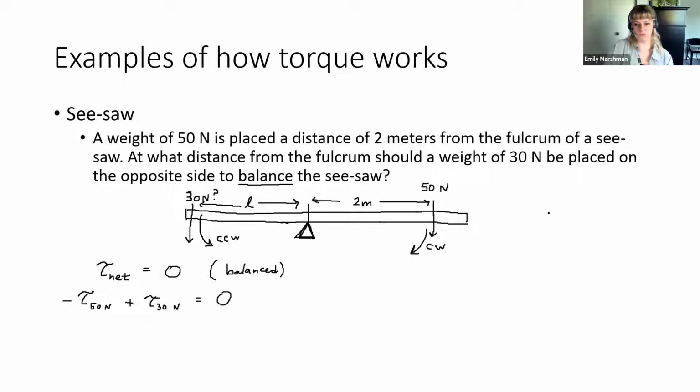Now remember, torque we said is equal to the force times the lever arm. The torque due to the 50 Newton weight is therefore going to be the force, 50 newtons, multiplied by the lever arm, which is the perpendicular distance from the fulcrum to the line of action of the force. In this case, it's 2 meters.